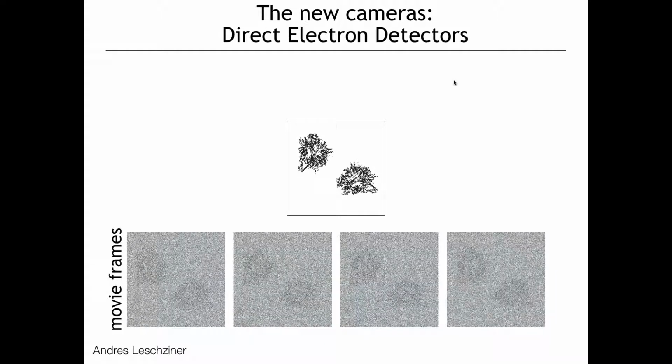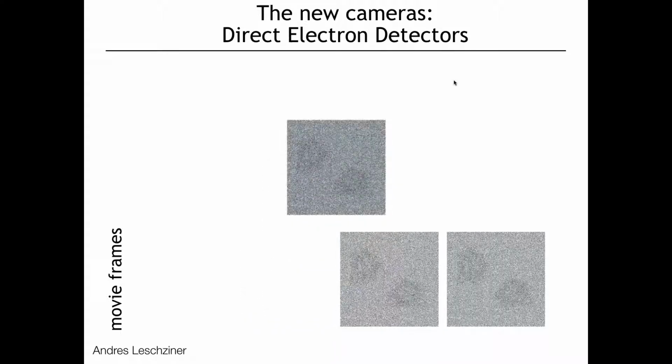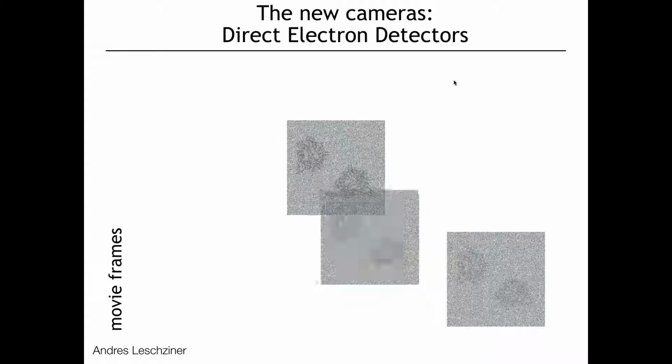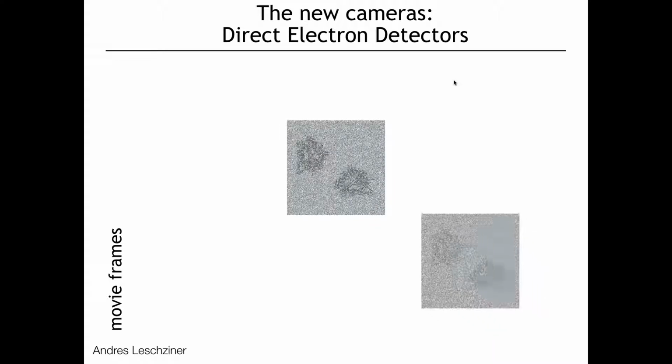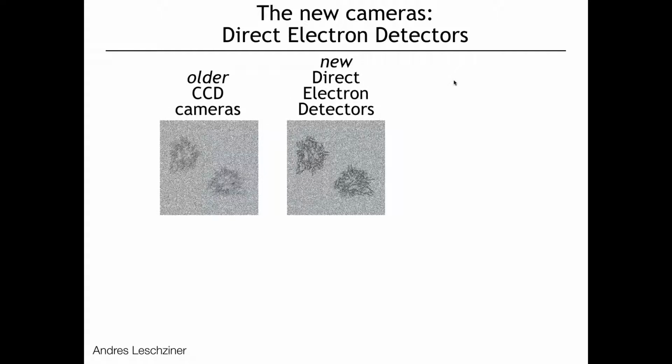Now the new detectors allow you to record movies, so you have frames of the recorded movie as the sample is moving. If you have these individual frames, then of course you can align them, and by aligning the frames you can account for the beam-induced movement.